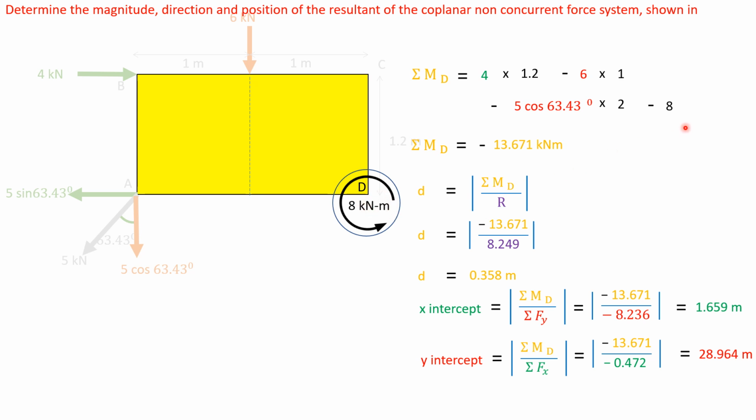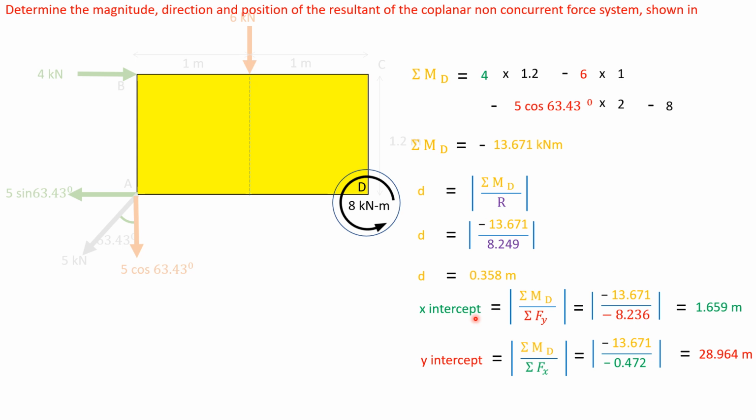So minus 8. Calculating all this, we get summation MD. D equals summation MD by R. This D is the perpendicular distance of the resultant from point D. Substituting this value and the R value, we get the perpendicular distance of the resultant from point D.